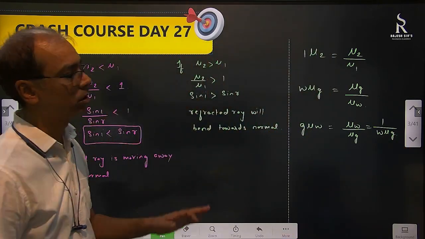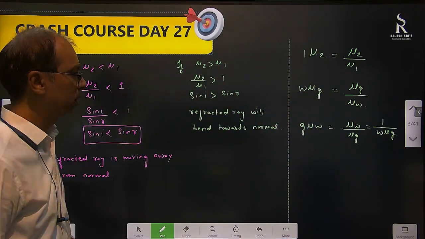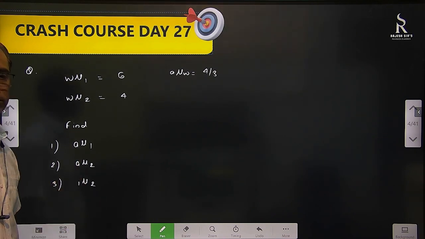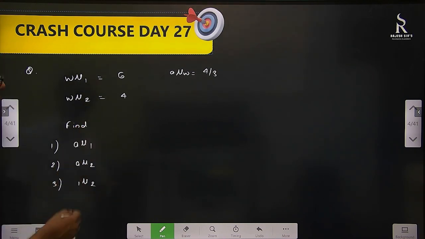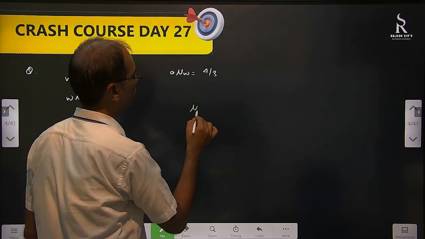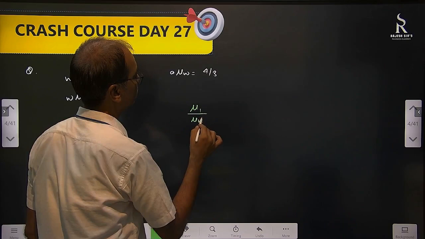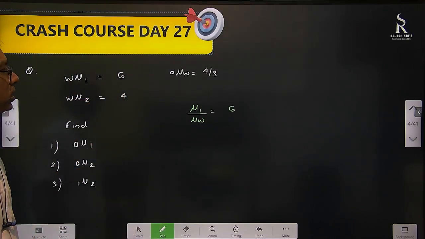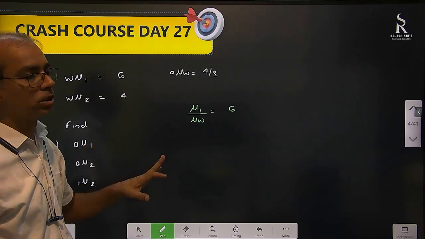Now, based on this also questions are asked. Let's solve one question. It says W mu 1 equals 6, W mu 2 equals 4, A mu W is 4 by 3, then find A mu 1, A mu 2. From the first information, W mu 1 equals 6, so mu 1 by mu W equals 6.